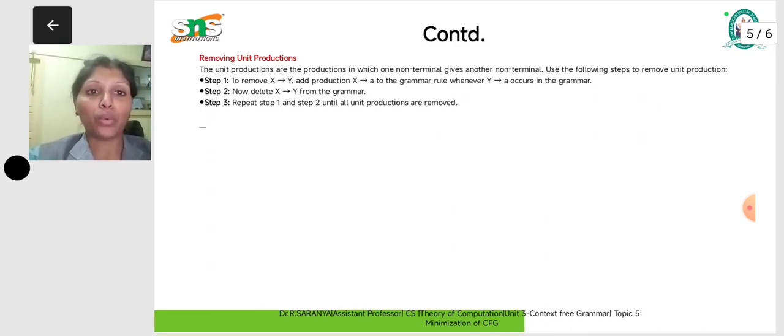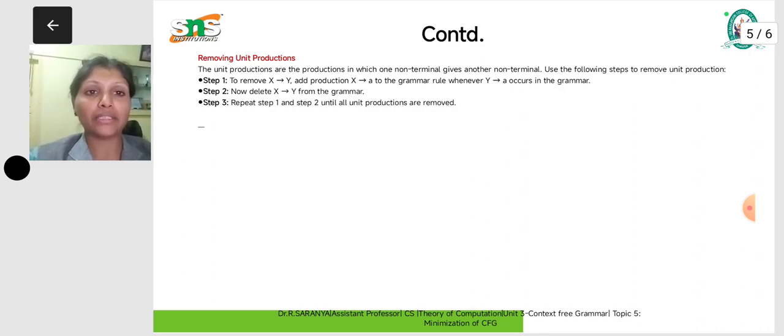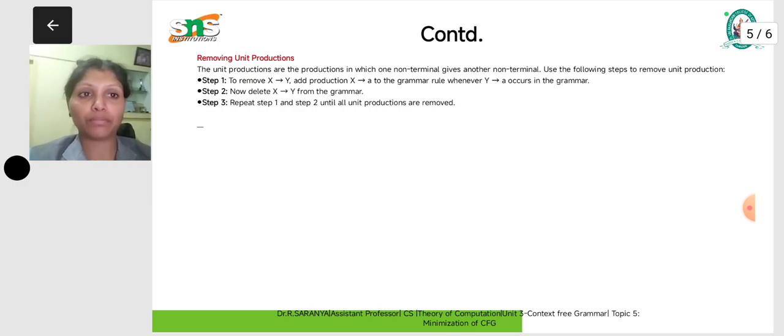Then step 2: delete the unit productions that generate a non-terminal from the grammar. Finally, we repeat step 1 as well as step 2 until all the unit productions are removed.